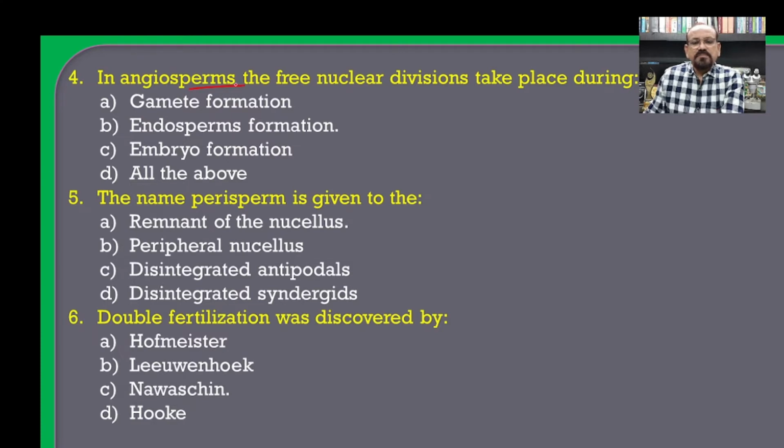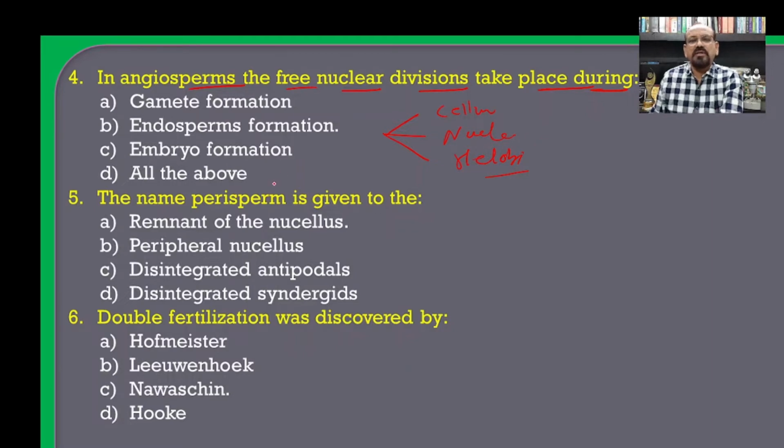Then, in angiosperms, the free nuclear divisions take place during. If we see the different types of endosperm, then endosperms on the basis of their plane of division are classified into three different types: cellular endosperm, nuclear endosperm, and the third one is helobial endosperm.